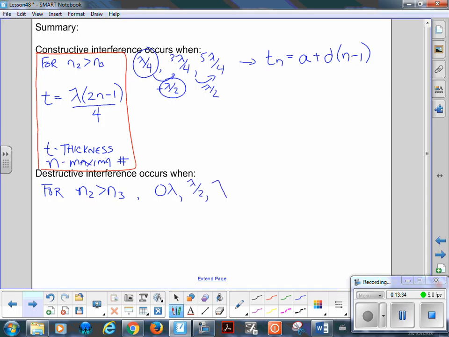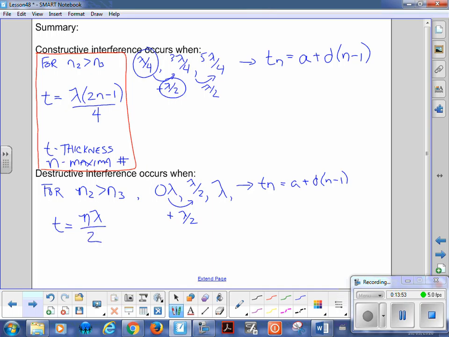The next one would be lambda, and so on and so forth. Again, if I use my arithmetic formula, we would find out that we're adding lambda by 2. The formula then would result in T equals n lambda divided by 2. Again, same thing for the thickness and maxima. I'm not going to rewrite that portion of it.